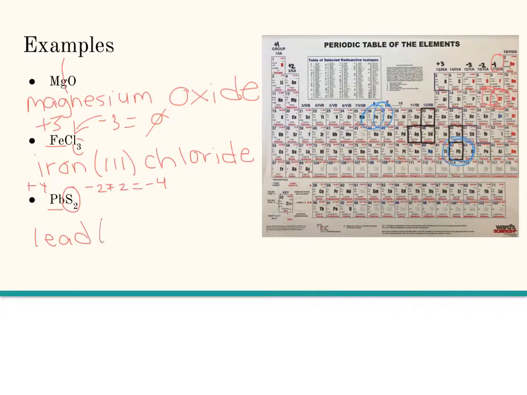So when I name this, I'm going to name it lead, Roman numeral 4, and then S is sulfur, but since it's the second element, I change the ending to IDE, so it becomes sulfide. Lead 4 sulfide is the proper name. Okay, so that's how we name binary ionic compounds.